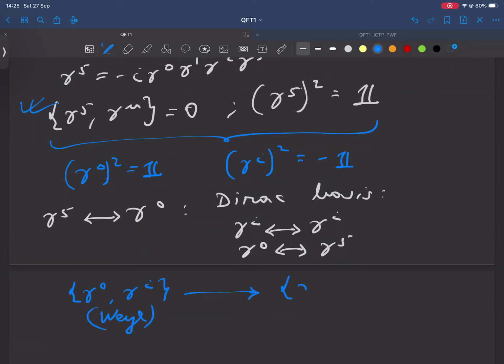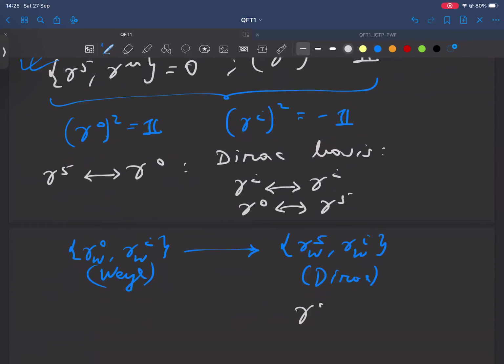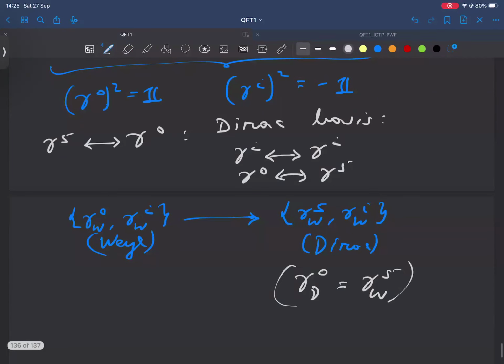If you go to the Dirac basis, the gamma 0 becomes the gamma 5 of Weyl. Let me write it Weyl for that. So this is gamma 5 of Weyl, and this is just this. So this will be called the Dirac basis. So essentially what happens is the gamma 0 of Dirac gets identified with the gamma 5 of Weyl. So this kind of a basis transformation takes you from one basis to another where only this thing changes.